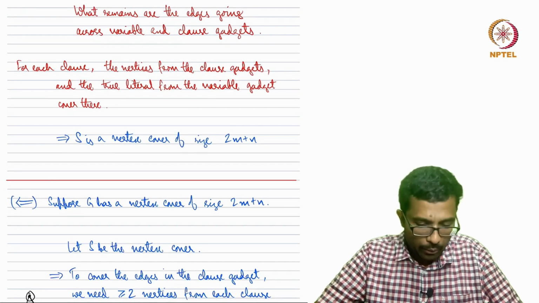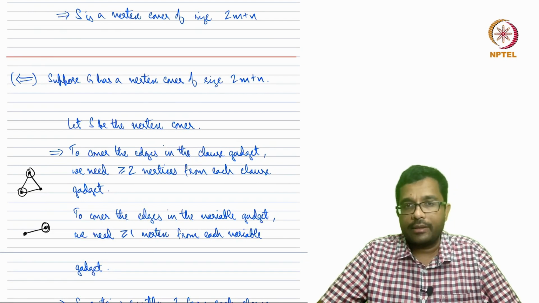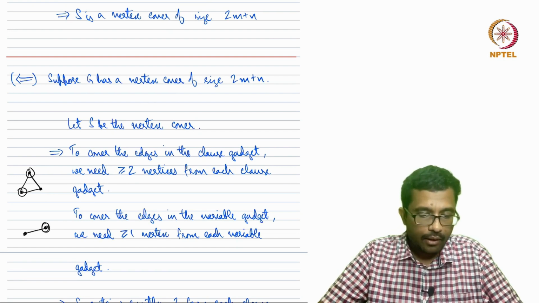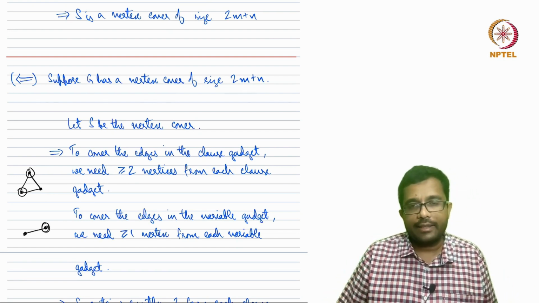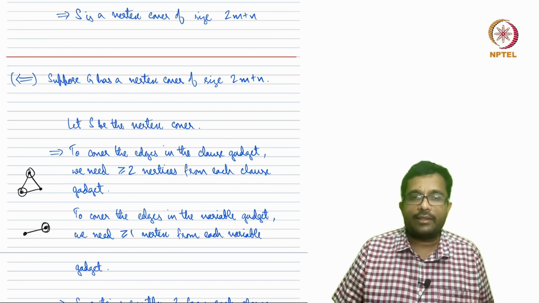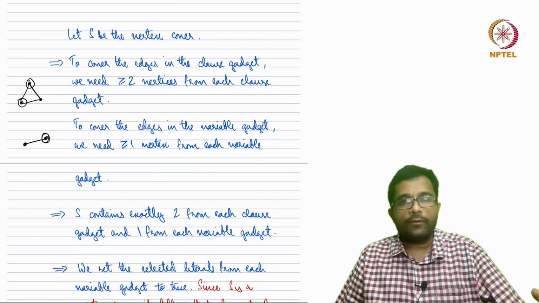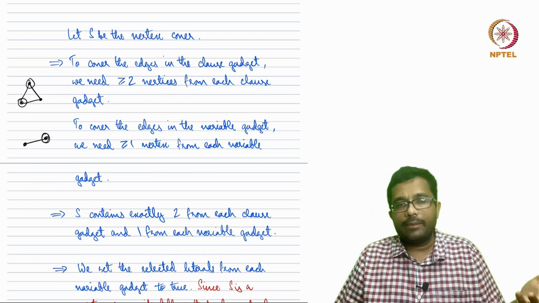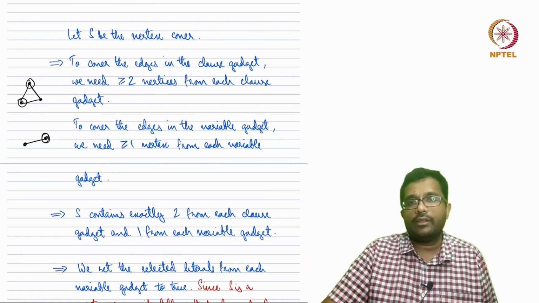Now we are saying that every clause gadget has to have at least 2 vertices and every variable gadget has to have at least 1 vertex. The only way we can do this is to pick exactly 2 from each clause gadget and exactly 1 from each variable gadget. Because if we pick more from one clause gadget, some other clause gadget or variable gadget will not get this number, and hence something will not be covered in that gadget.